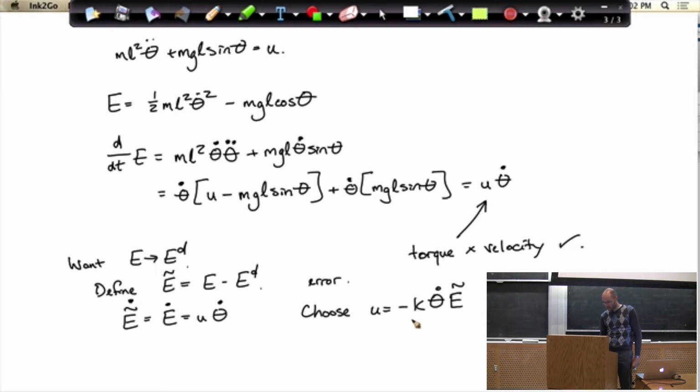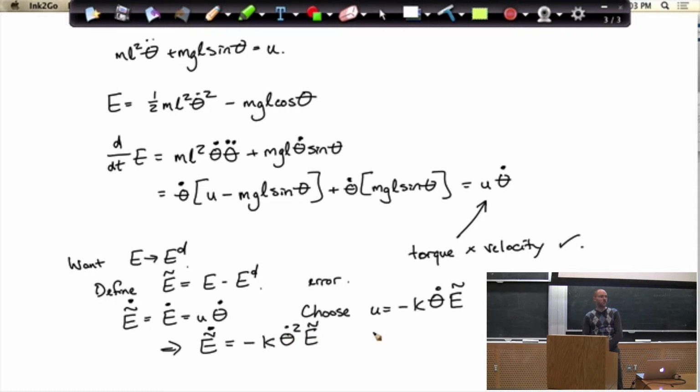Okay, because if I put this back in, that's going to imply the following error dynamics. It's just algebra, right? And then what does that look like? That's a nonlinear dynamical system, but it's a really simple one.